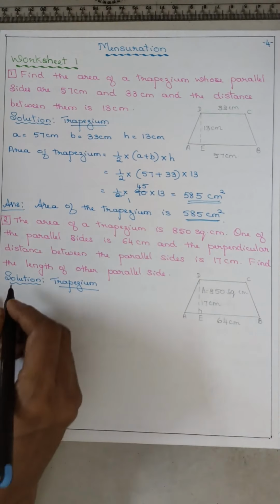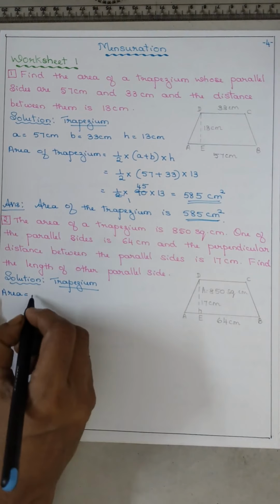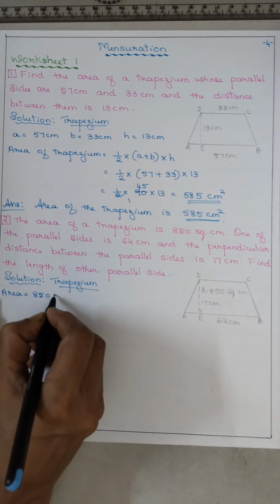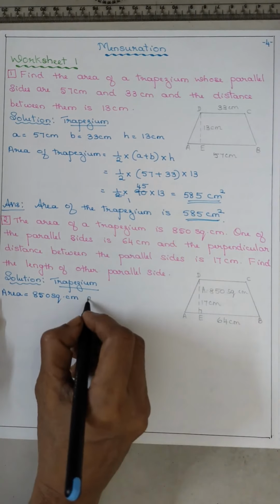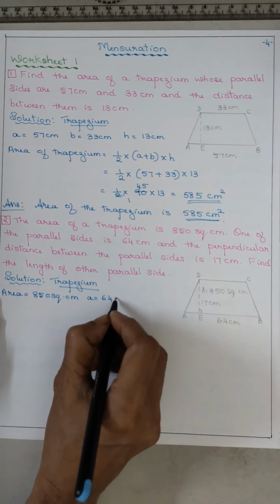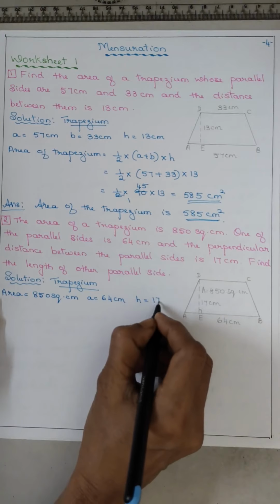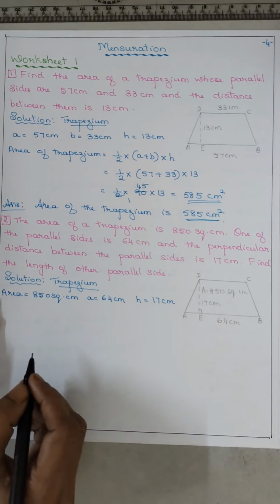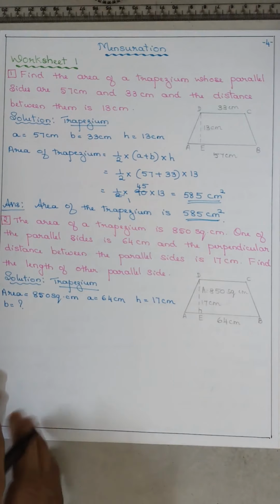So what are all given? First is area is equal to 850 square centimeter. Now A is equal to 64 centimeter. Distance, that is H, is equal to 17 centimeter. So B is equal to how much?